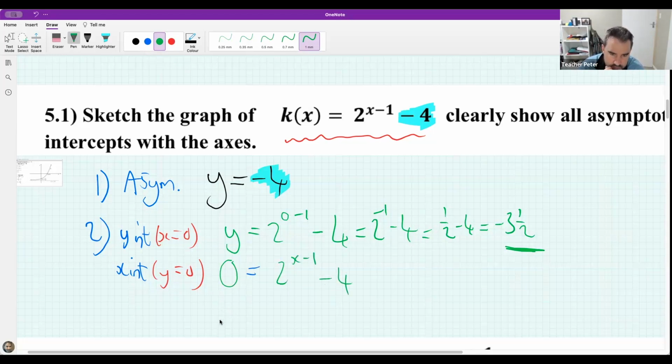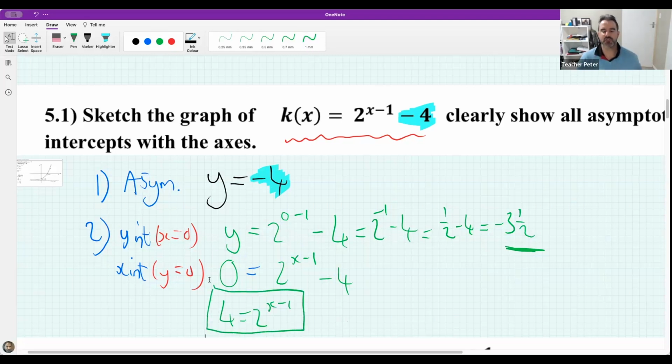So the trick is going to be figuring out how to deal with this. What should I do to solve this equation? There's a key step I need to follow.